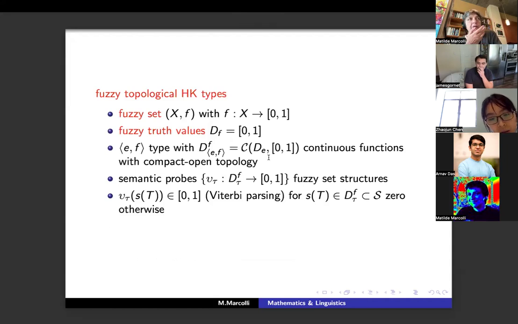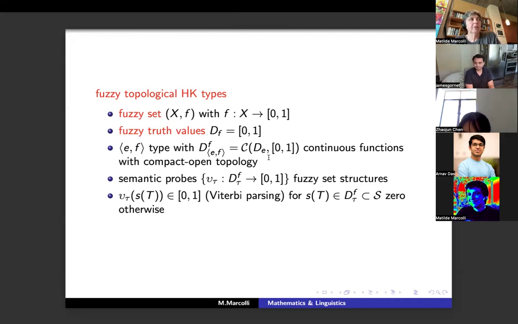So one other way to think about how to topologize the Heim-Kratzer semantics, which at least removes one step that's a bit more complicated in what I said. I mean, what I said, you have to actually do something to take care of the fact that when you take functions in 0, 1, you have to select a collection of functions that are not all functions, but are not just continuous functions either, because otherwise you just get things that are constant on connected components and nothing more than that.